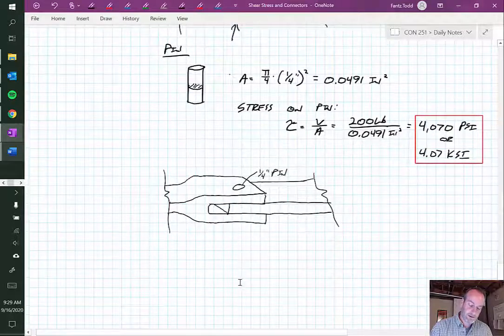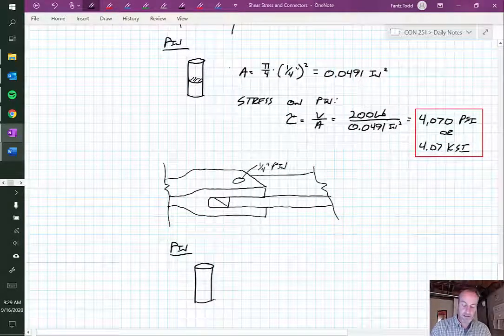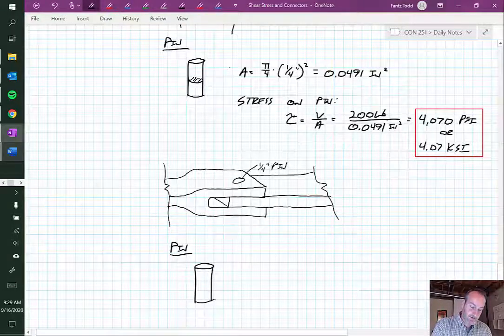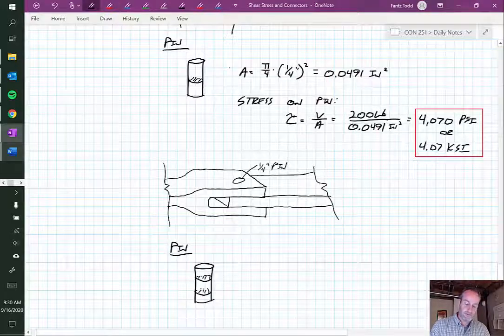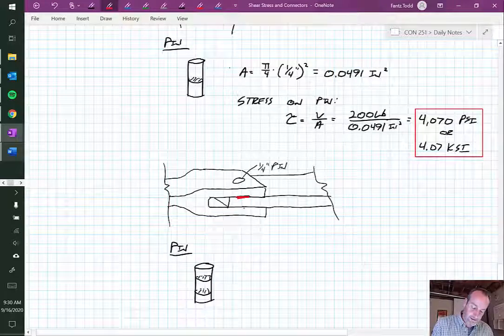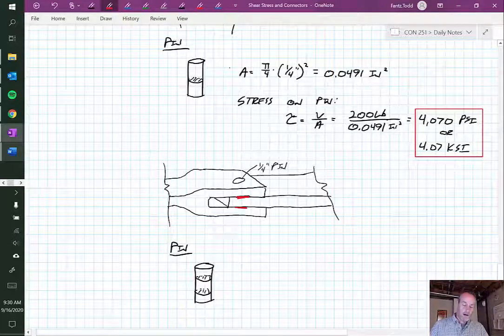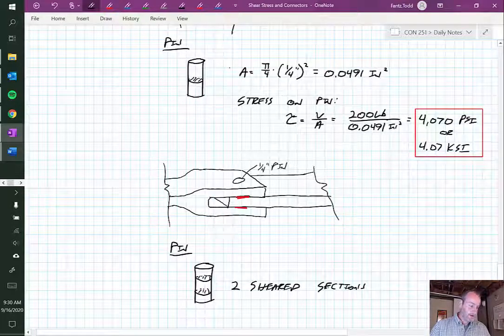So if I thought about where the pin would actually fail, well, now it would have two shear planes where it could fail along. And hopefully you could see that. I'd end up with 3 pieces if this thing failed and broke apart, right? So it would break right at the plane between those two boards, right? Because of that, I end up with 2 sheared sections. This is called double shear.